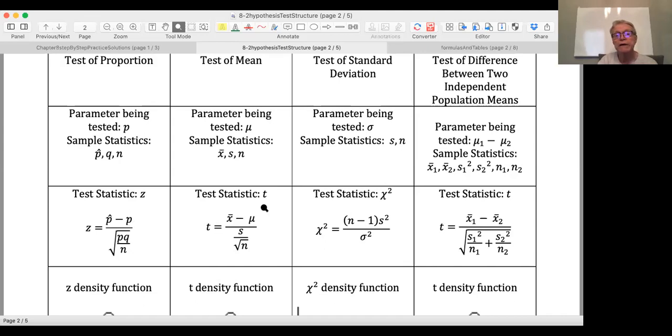In the test statistic for the mean, you've got the Greek letter mu. And for the standard deviation, you'll remember the population standard deviation is sigma. You'll see sigma in the equation.